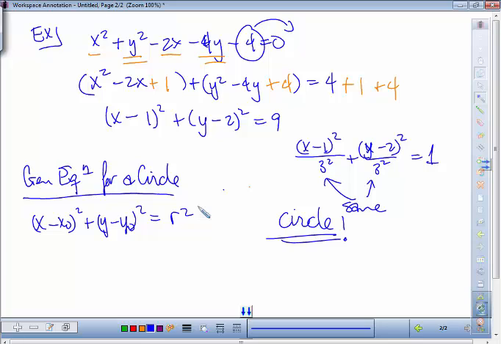So the radius in this case is 3 in our example. And if you were to graph this, you would go to 1, 2 as your center point, and then you have a radius of 3, 1, 2, 3.